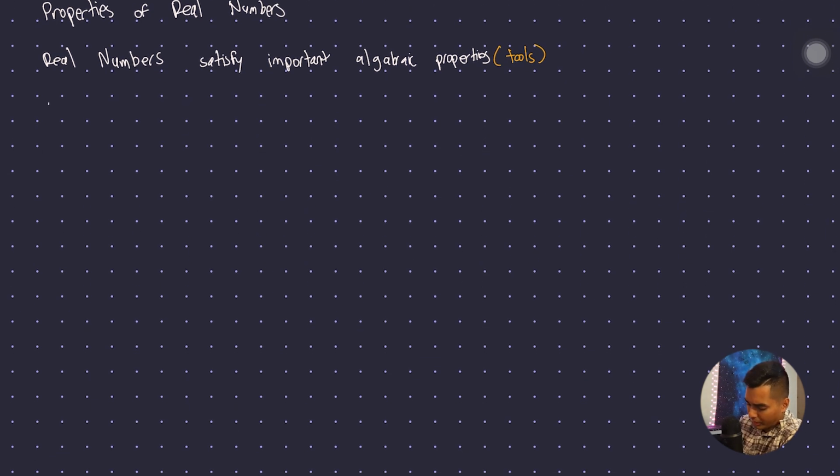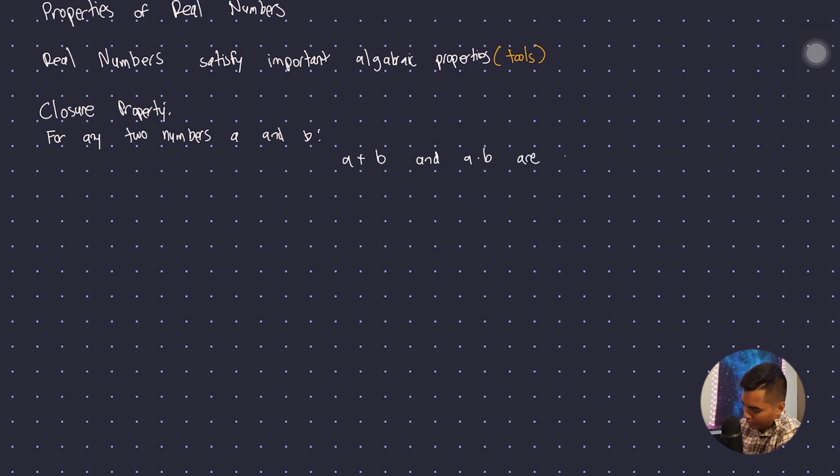The first property we have is the closure property. The closure property says that for any two real numbers a and b, a plus b and a times b are also real numbers.